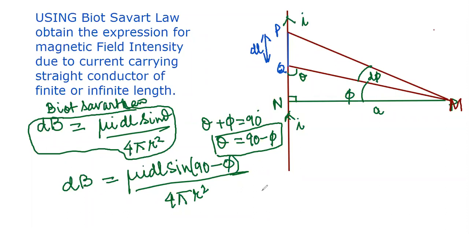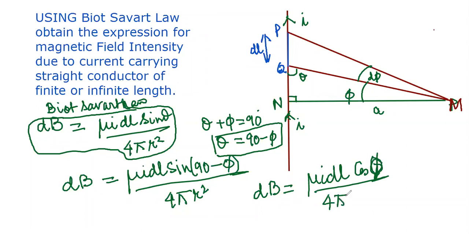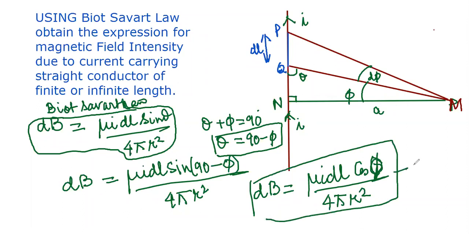Because sine of 90 minus phi is cos phi, dB is equal to mu I dl cos phi divided by 4 pi r square. This is the value of dB we have got. Let me take this as equation number 1.